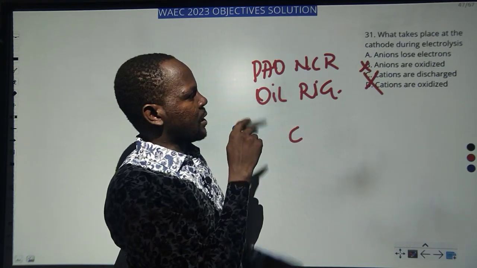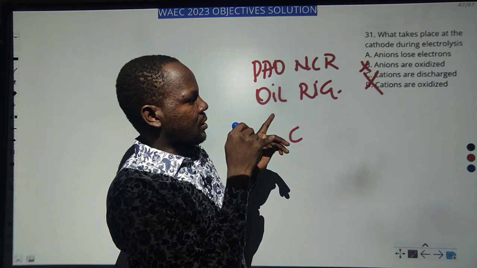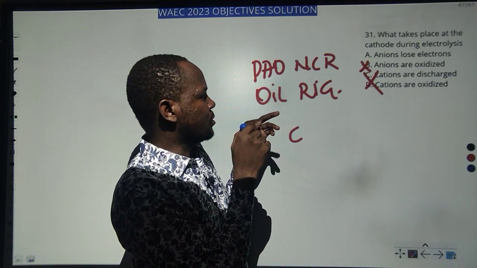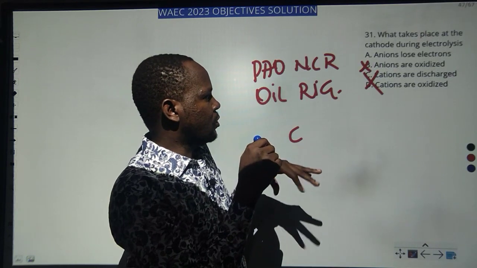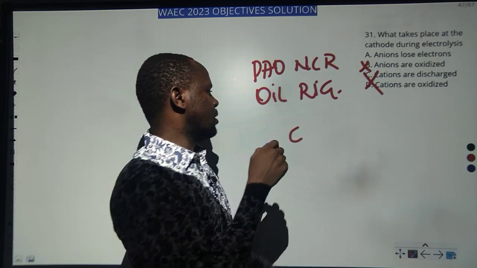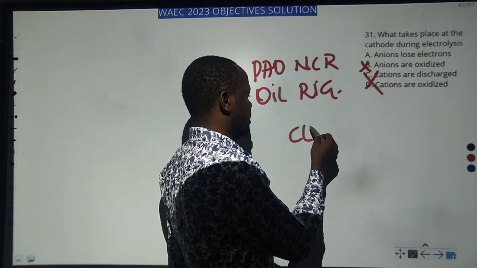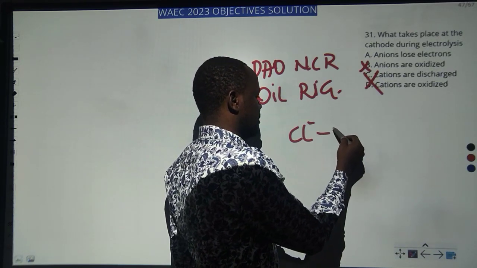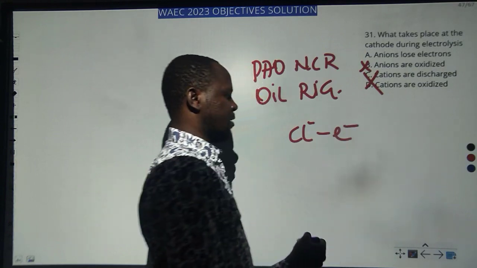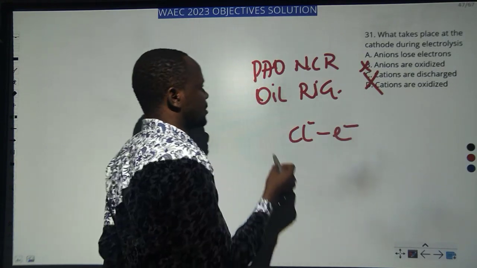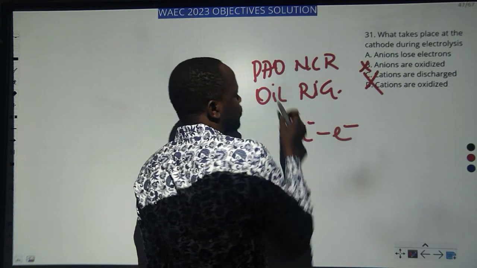We said negative cathode reduction. At the cathode, negative ions are reduced. Reduction is gain of electron. So if you say Cl minus minus e minus, this is loss of electron. This is oxidation, which takes place at the anode.